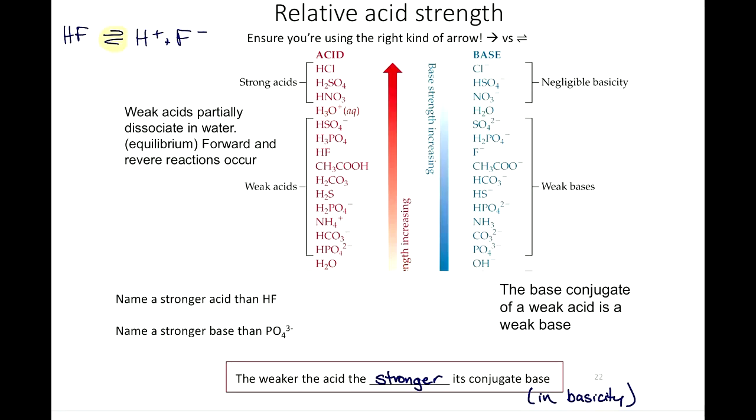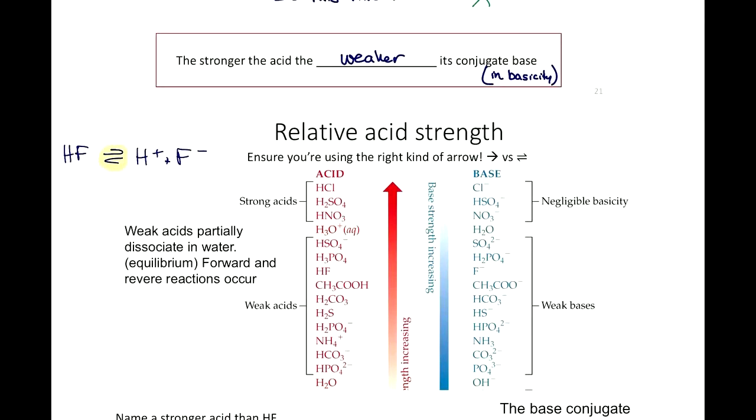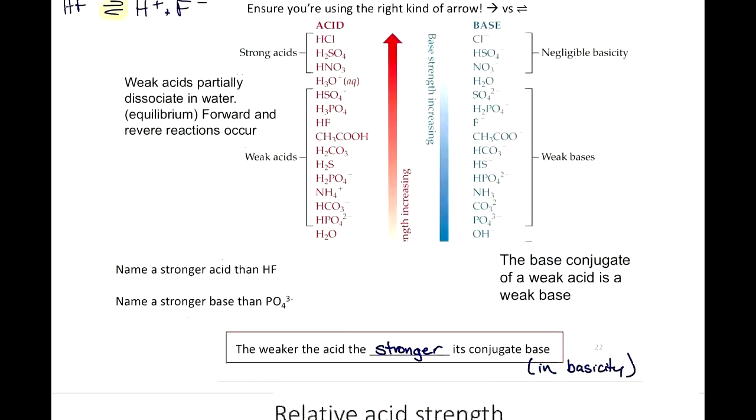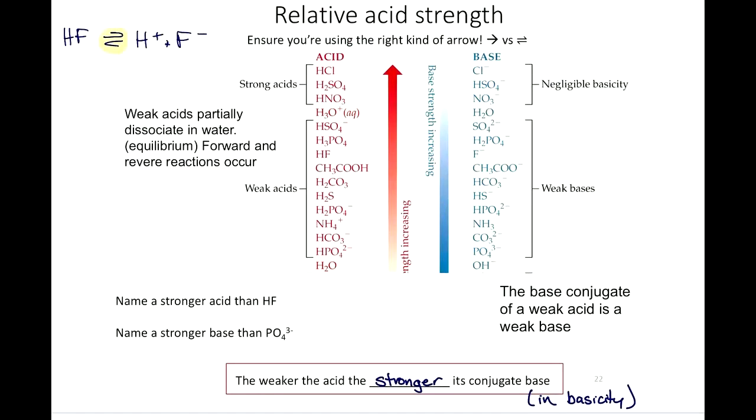All right, and so our rule still applies here. The rule up here was, stronger acid, weaker its conjugate base. But I can also say the opposite is true too. The weaker the acid, the stronger the conjugate base is in terms of its basicity. So since HF is a weak acid, HF's conjugate is F minus.